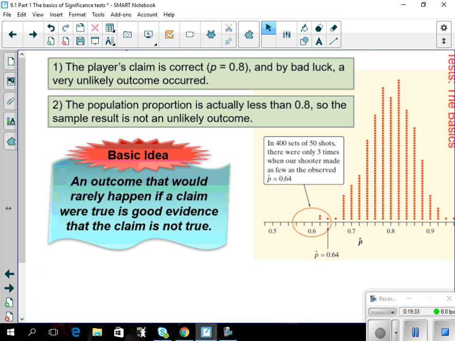If I got about 75%, even though he claimed 80, 75% is about right here. Do you agree? Think about the proportion in your sampling distribution. It's not as small. Do you agree? So there's not a whole lot of evidence against the claim in that particular case.